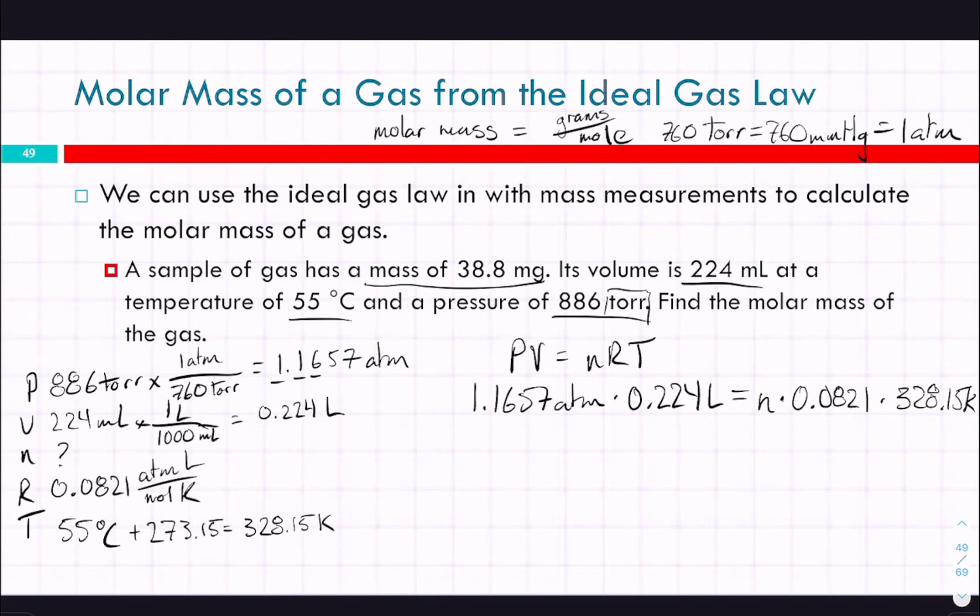Algebra magic happens. So I'm doing the R, 0.0821 times 328.15. Then I'm going to divide by the 1.1657, and then divide by 0.224.